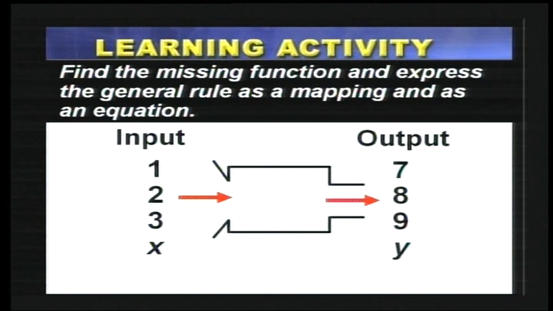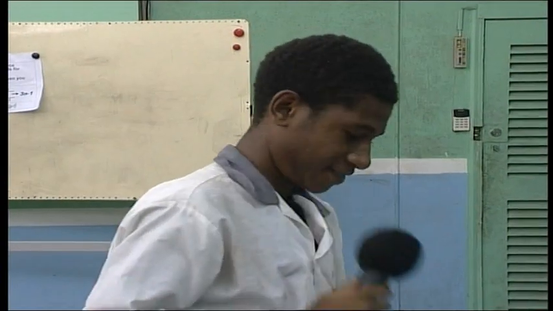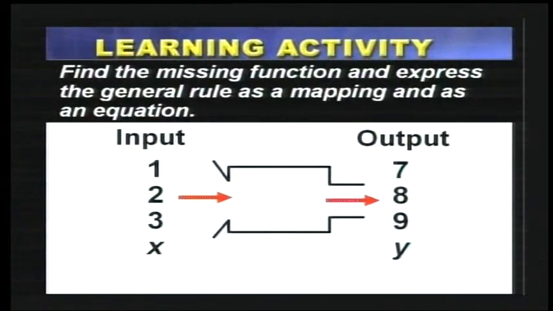Who can tell us what would be the main function of the machine? Daryl? Plus 6. Okay, from the main function machine we have plus 6 as our function rule. And you have the outputs there.